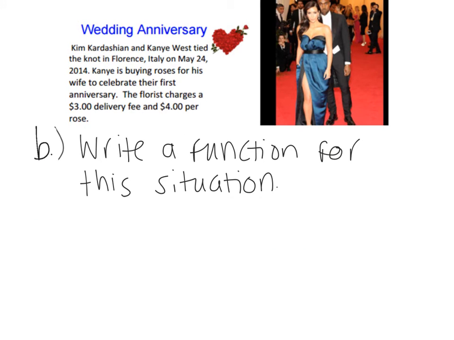So if we write a function for this situation, we're going to write it C of R, the dependent as a function of the independent, because the cost depends on the number of roses he buys. So in order to figure out the cost, I first have to start with the delivery fee of $3. And then for each rose he buys, they're charging $4. So to represent that, we write 4R. So 3 plus 4R is the rule that will give us our cost.